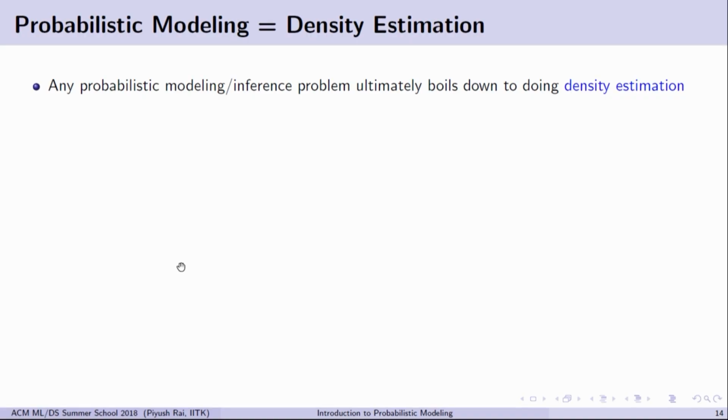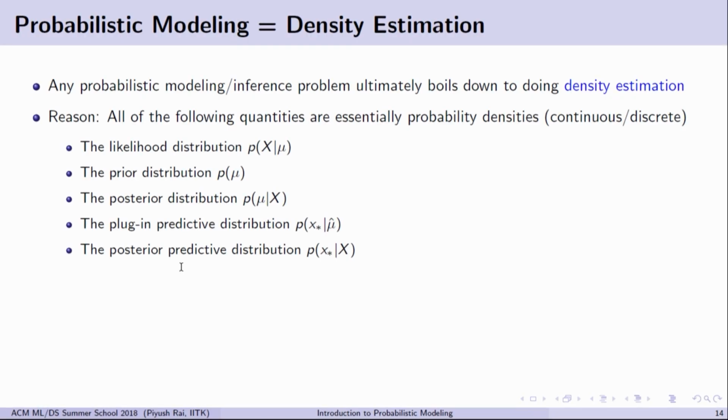Okay, so the other thing that I want to briefly talk about is that this whole idea of probabilistic modeling of data can be thought of as basically doing probability density estimation. And it's again not surprising, because if we think of the whole pipeline of probabilistic modeling, all we are doing is basically playing with distributions, manipulating or estimating distributions.